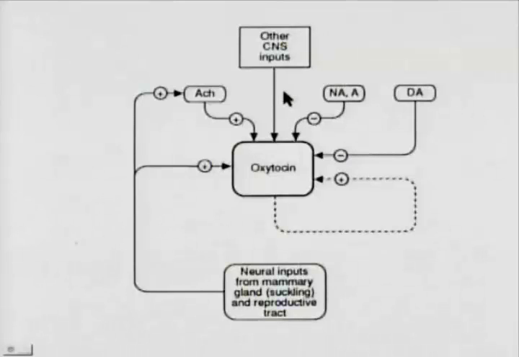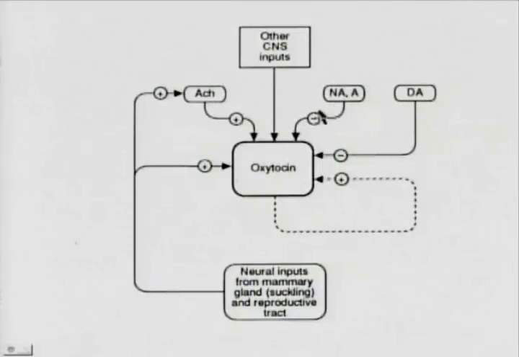So we see this for oxytocin shown here. There are many other CNS inputs, but it's primarily the neural inputs from the mammary glands through the suckling and from the reproductive tract that have an excitatory drive on acetylcholinergic neurons that synapse on oxytocin neurons and excite them and stimulate synthesis and secretion. As well, there might be other mediators in the sensory circuitry that drive oxytocin release.